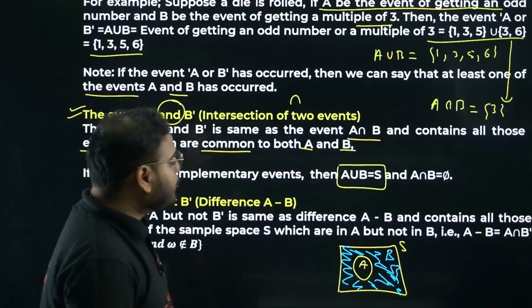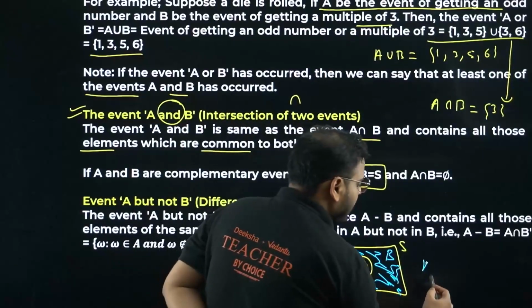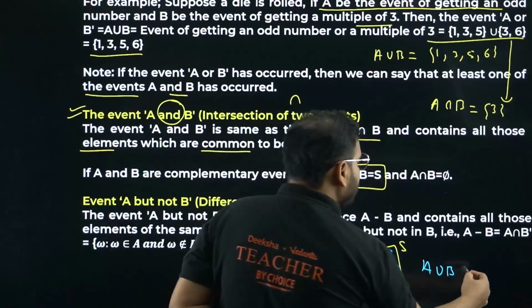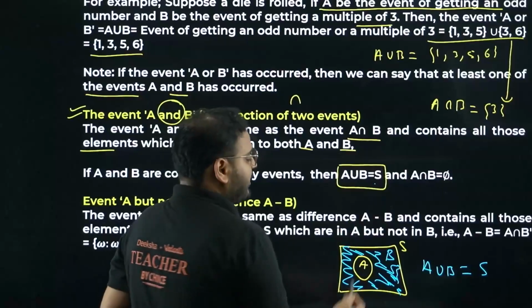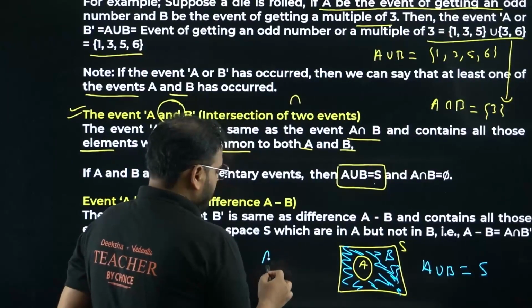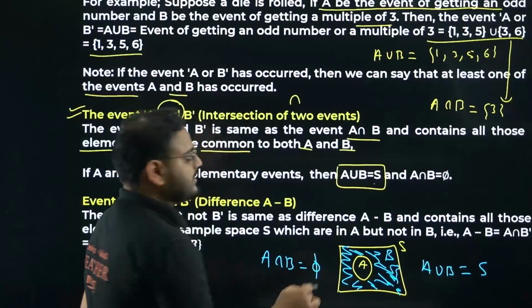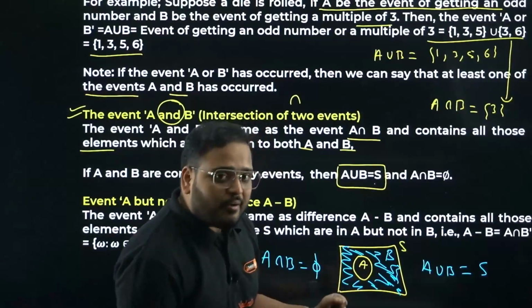If you take the union of both, A union B, what is the answer going to be? Simply the sample space S. That's what I've written here. But if you take the intersection, what is the answer? It will be the null set. Can you find anything common between A and B?